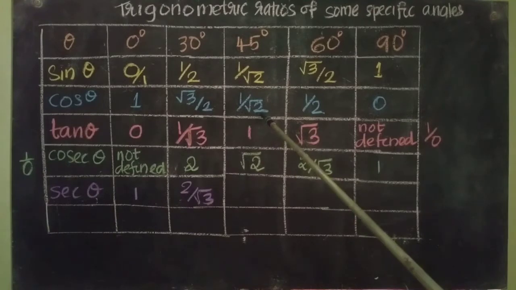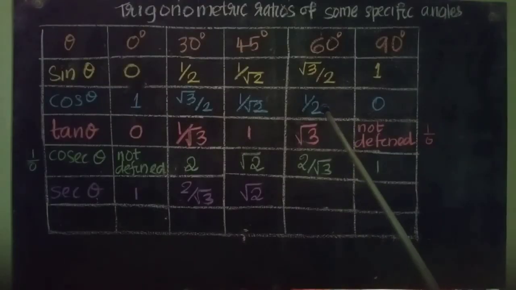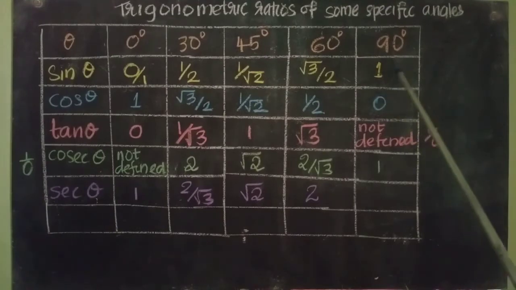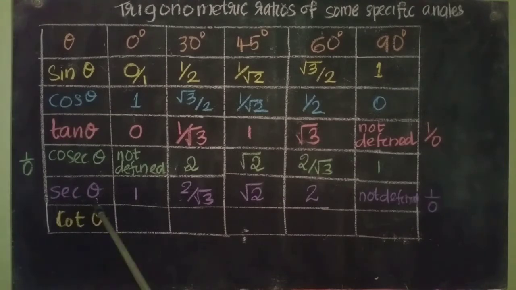Its reciprocal is root 2 by 1, that is equal to root 2. Cos 60 is 1 by 2. So, its reciprocal is 2 by 1, that is 2. Next, cos 90 equal to 0. Its reciprocal is 1 by 0. That is not defined.